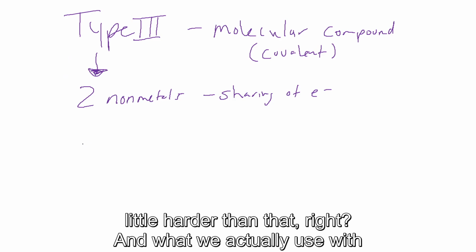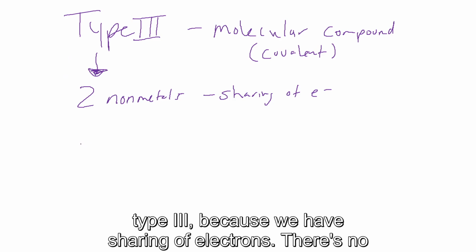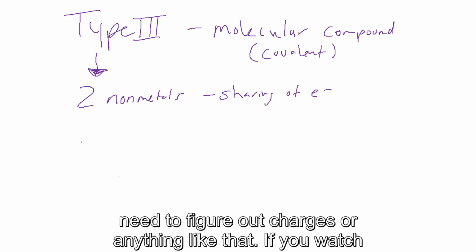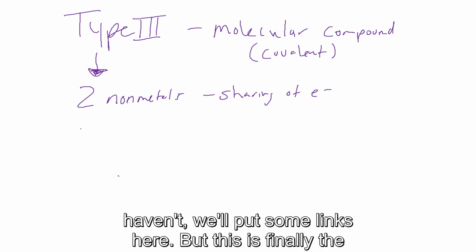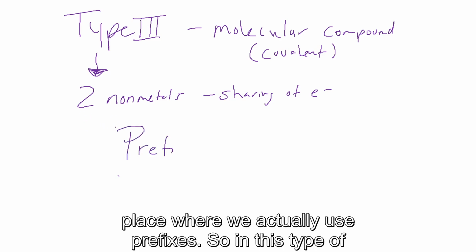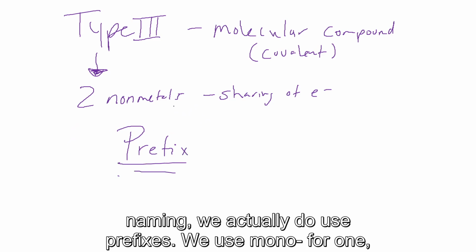What we use with type 3, because we have sharing of electrons, is that there's no need to figure out charges or anything like that. If you watch the other videos that we did on nomenclature, and if you haven't, we'll put some links here, this is finally the place where we actually use prefixes.